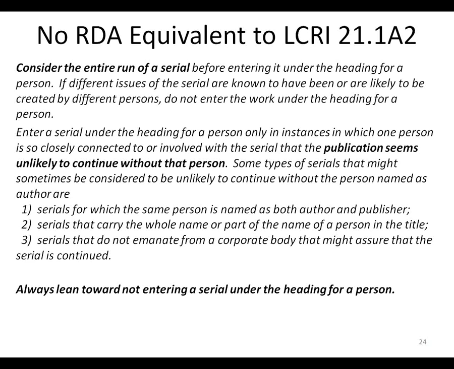So if you're creating serial records following RDA and following the LC policy statements, you would have a presentation of a catalog record of 100, 245 like we saw on the previous screen.